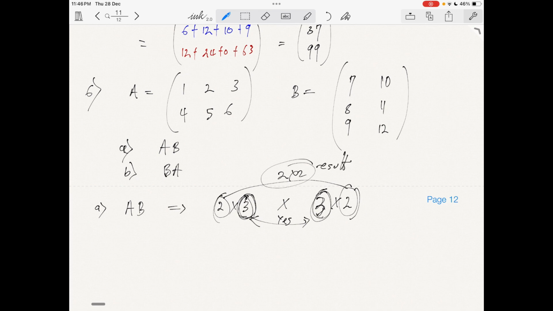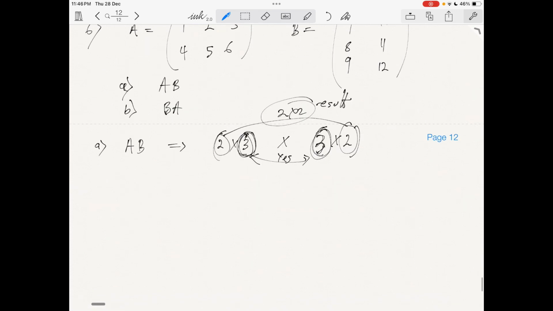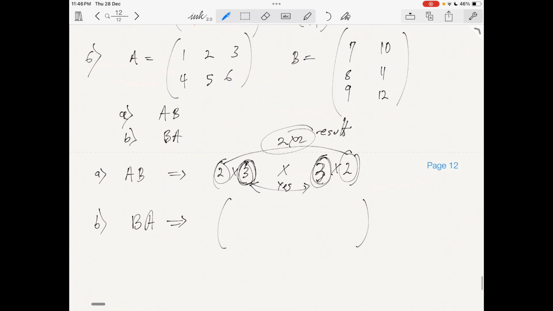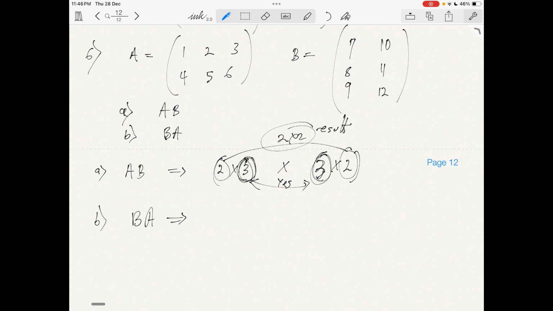Now if we consider BA, the order of B is 3 by 2 and the order of A is 2 by 3.